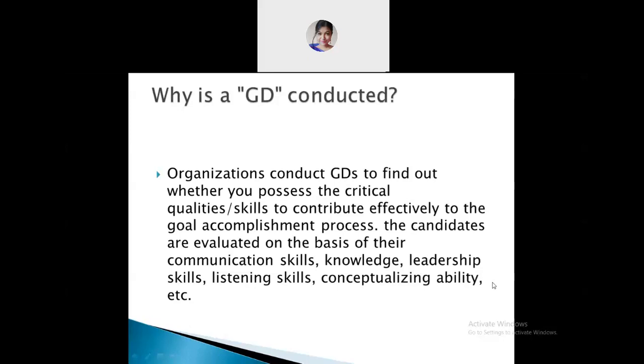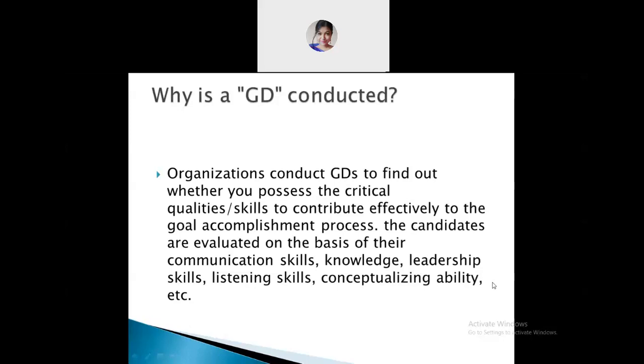Because when a recruitment or admission process is conducted, the organizations or institutions want a certain kind of people to become a part of that organization or institute, isn't it? So in order to figure out whether the candidate has the qualities or not, they conduct an interview. They conduct a group discussion round.